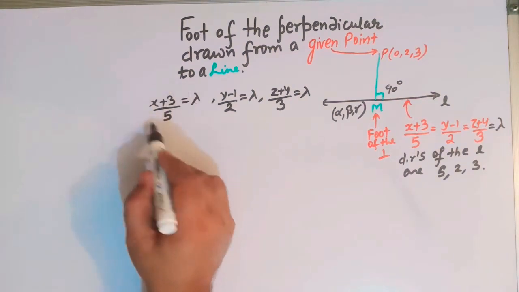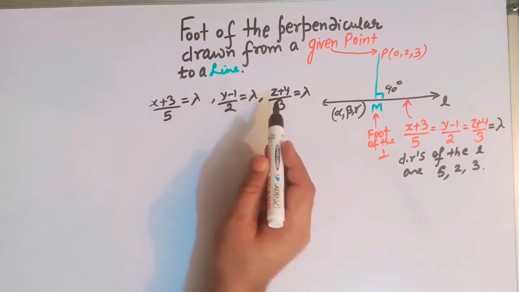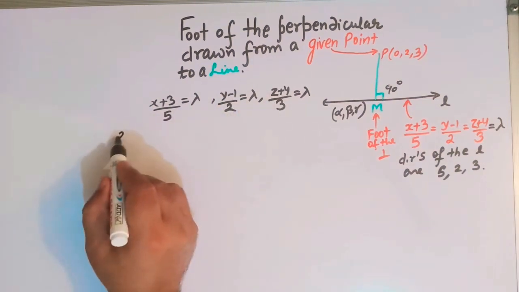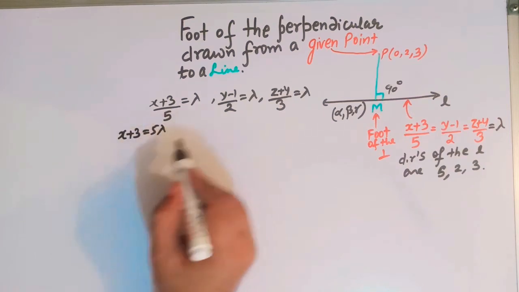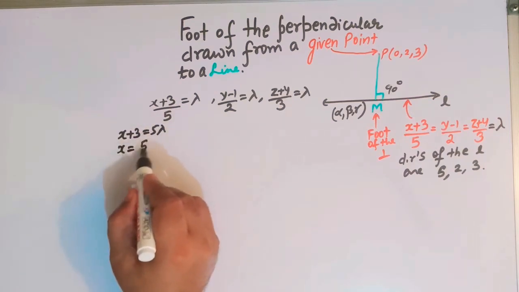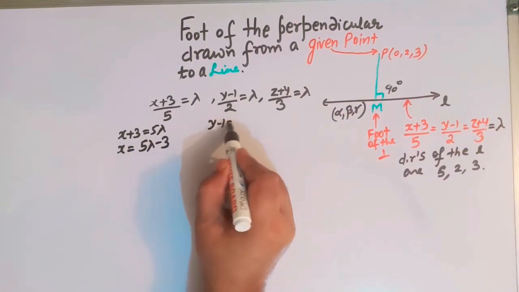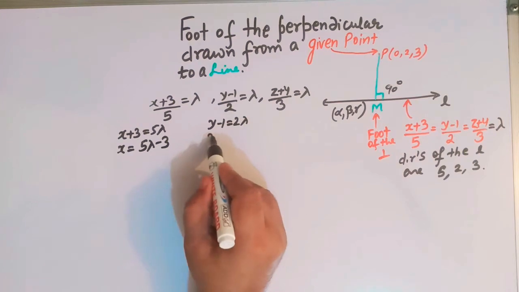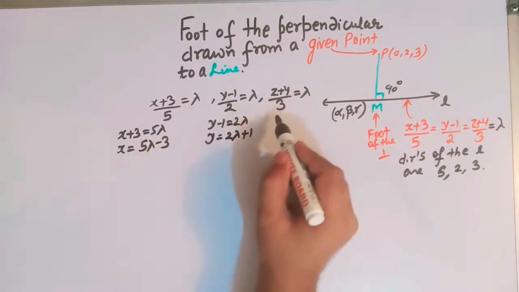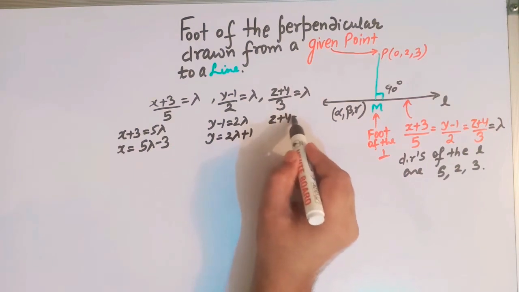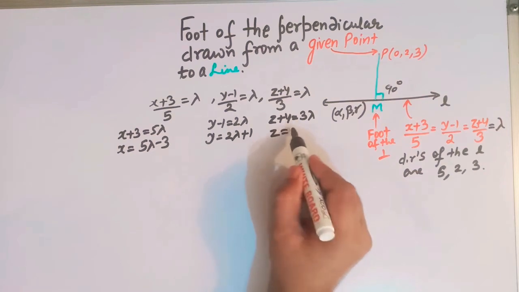So if we solve these three equations for x, y and z respectively, then we get x plus 3 is equal to 5 lambda. So x is 5 lambda minus 3. Similarly here y minus 1 is equal to 2 lambda. So y is 2 lambda plus 1. And here we have z plus 4 is equal to 3 lambda, that is z is equal to 3 lambda minus 4.